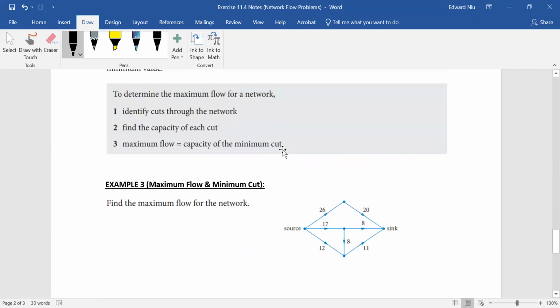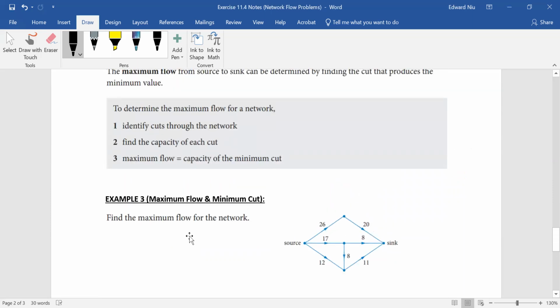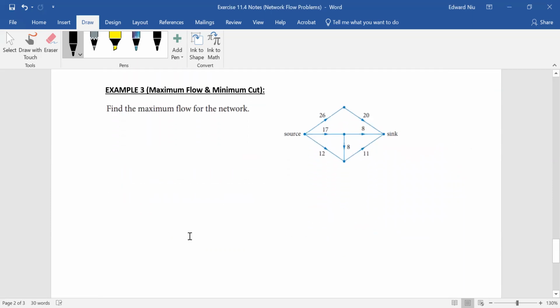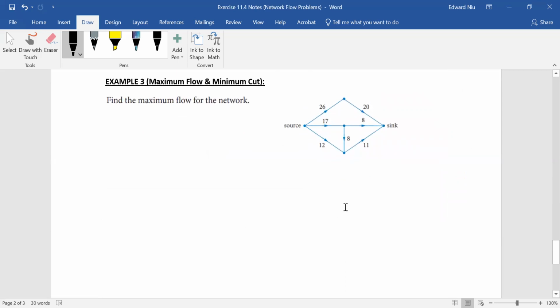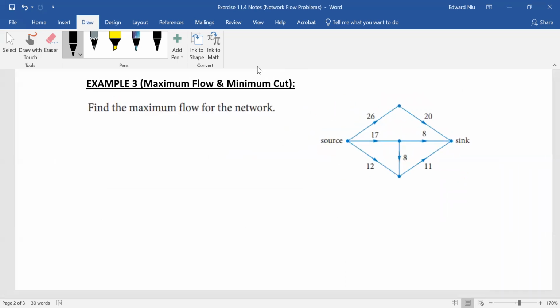But down here, they want us to find the minimum cut. And so what we need to do is just draw lines through the network by trial and error. So this is complete trial and error. But obviously you can make educated guesses. So for example, if I were to cut here, this green line, or let's make it yellow.